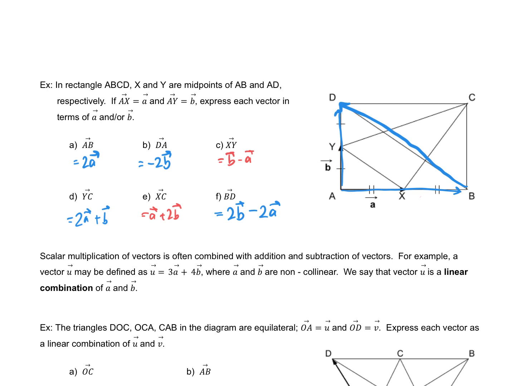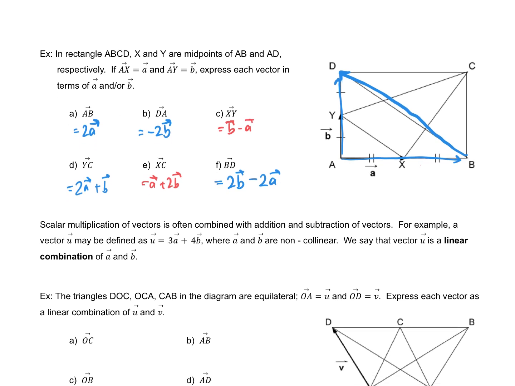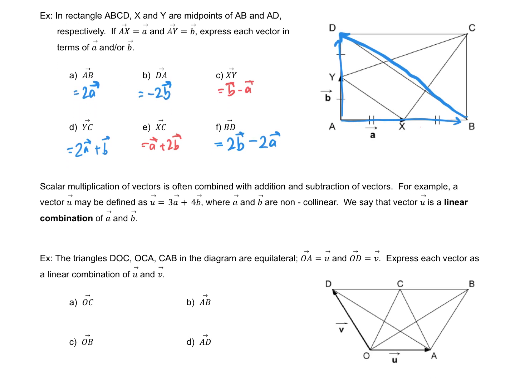Are they tail to tail or head to tail to decide on addition or subtraction? Look at what vectors are equivalent or parallel to each other. And when you can write a vector as a combination of another 2 or 3, this is called a linear combination.